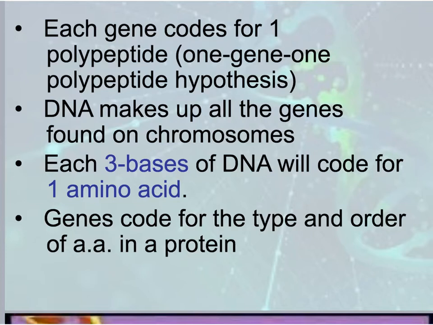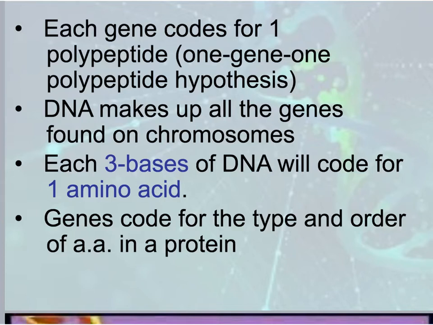Okay, so let's get down to the facts here, or the basics. On DNA, we have a long strand of nucleotides, and this long strand of nucleotides makes up the gene. But it is a sequence of 3 nucleotides that code for one amino acid.